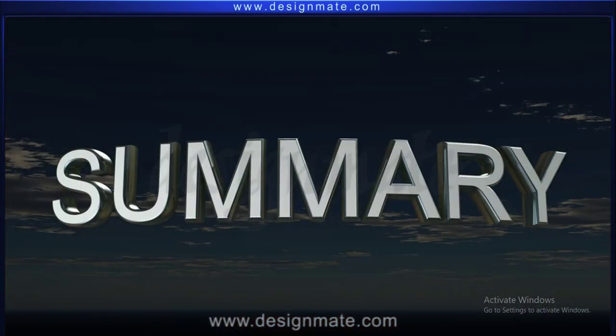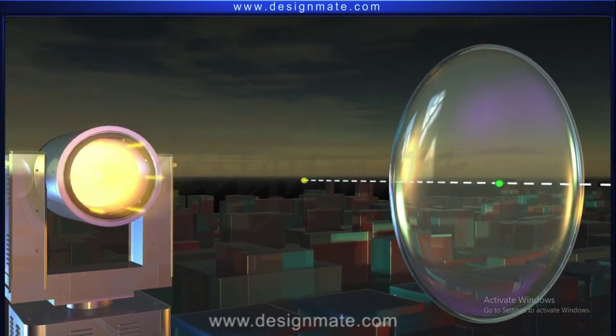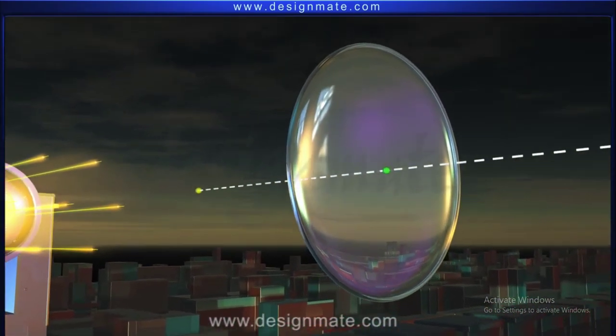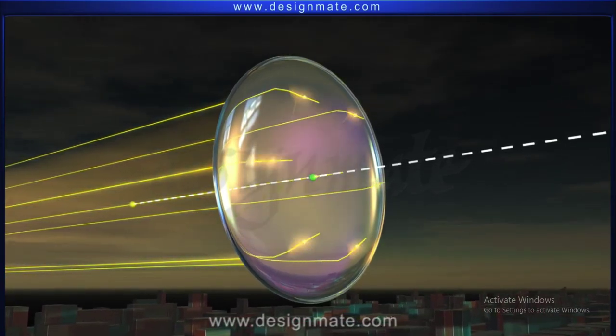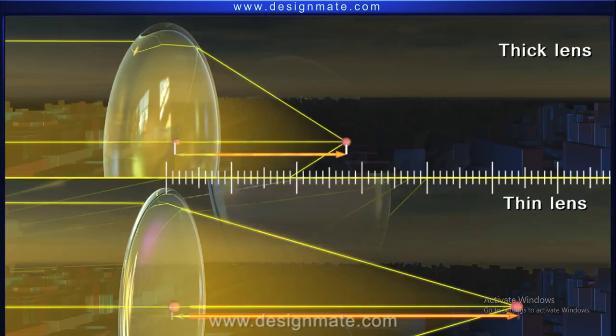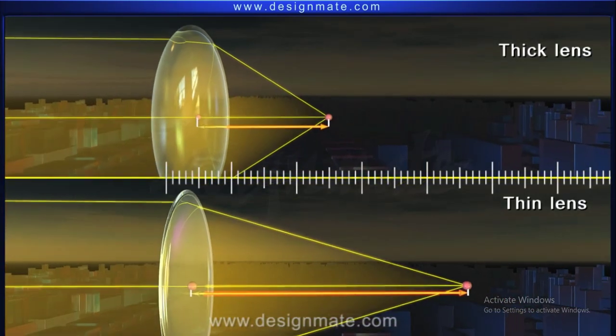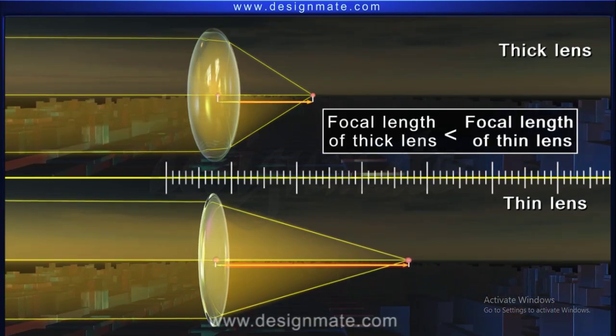To summarize, we've understood that light rays parallel to the principal axis and incident on one side of the convex lens undergo refraction and converge at a point on the principal axis on the other side. The focal length of a thinner lens is greater than that of the thicker lens.